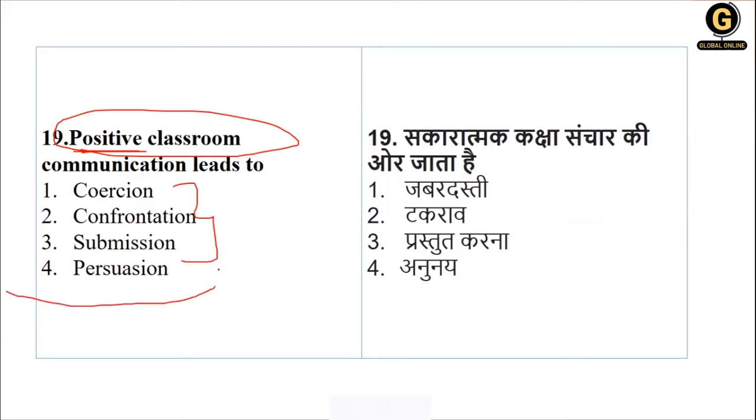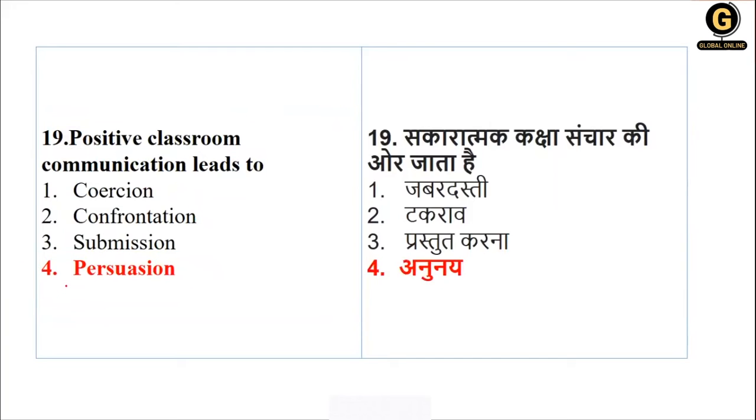It always leads to persuasion. Ensuring that you persuade your child either to create an interest in the subject, interest in studies, interest in their overall personality development. So positive classroom communication हमेशा persuasion का characteristics disclose करता है. That is option number 4, your right answer.